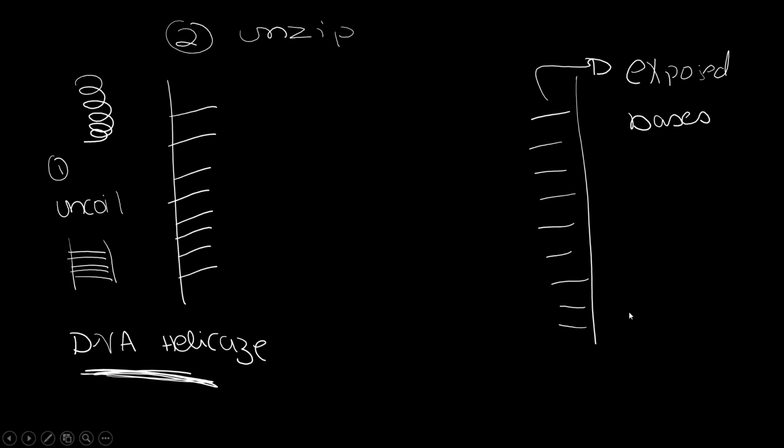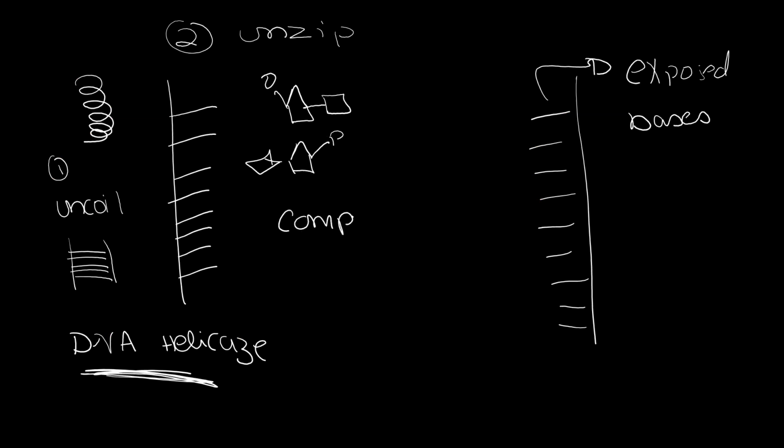Now, what will happen? Step number 3. These exposed bases will attract free activated nucleotides. I have a nucleotide here that will become attracted to the exposed bases. These free nucleotides will bind with the exposed bases by complementary base pairing.